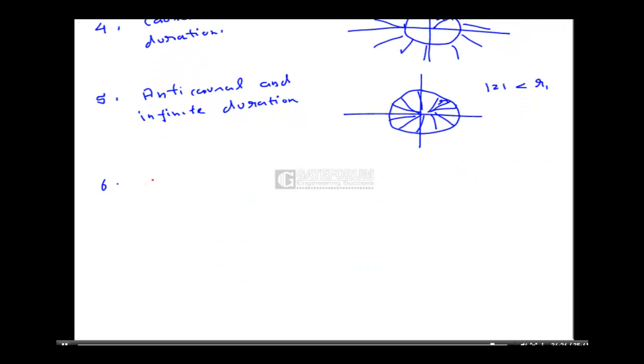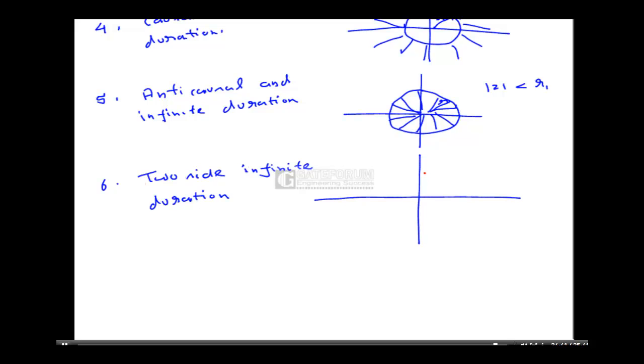Sixth category is two-sided, infinite duration. The region of convergence will be an annular region present between the two.